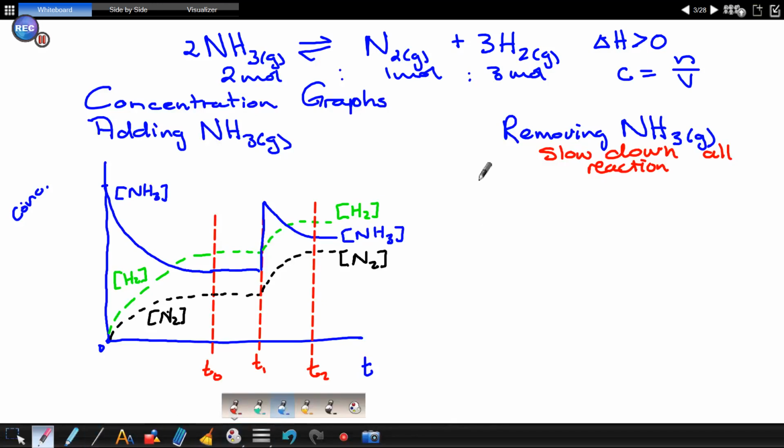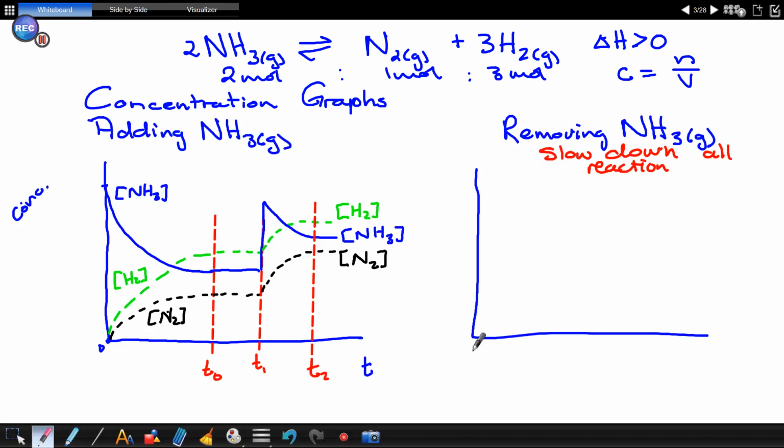So let's go. Can I go now from the point where we have T1? So this is now T1. That is the point where, no, let's go to T0. That's the point where we have ammonia in equilibrium with hydrogen and nitrogen.